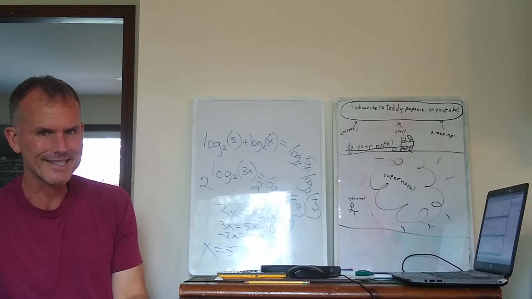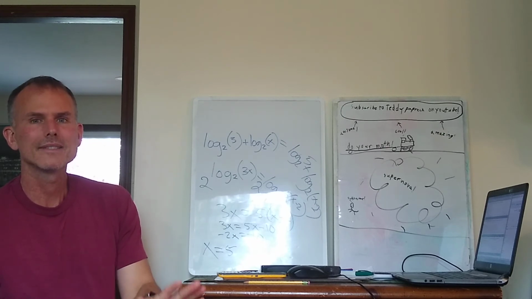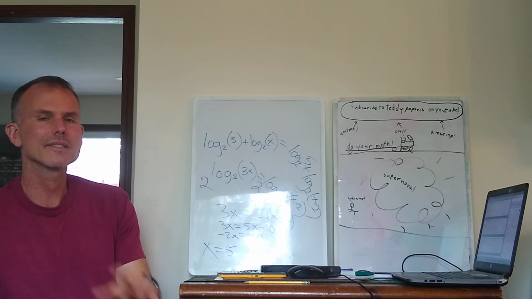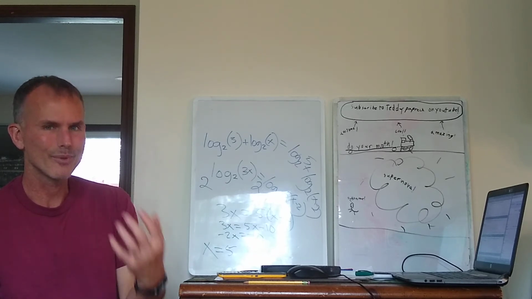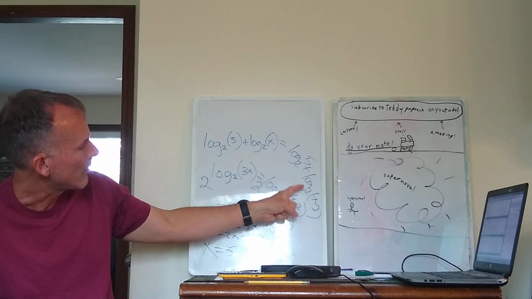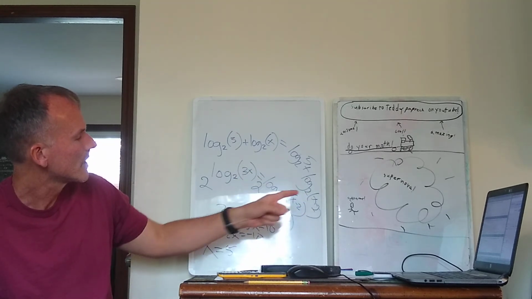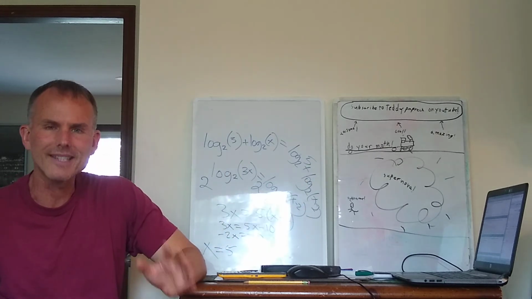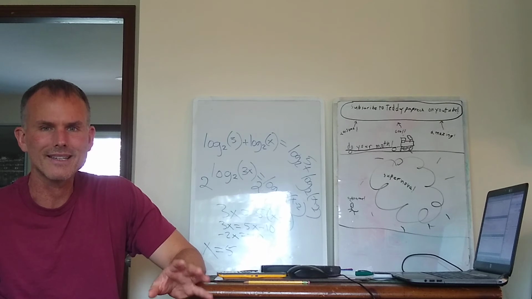Well, yeah, 5's positive. It's no problem at all taking the log base 2 of a positive number. It's no problem at all taking the log with any base of a positive number. Okay, over here, I've got log base 2 of 5 minus 2. Well, 5 minus 2 is 3, and 3 is positive, so log base 2 of 3 does exist. It looks like I'm okay here.